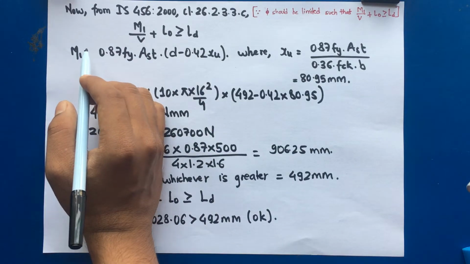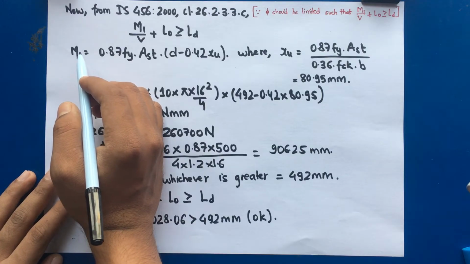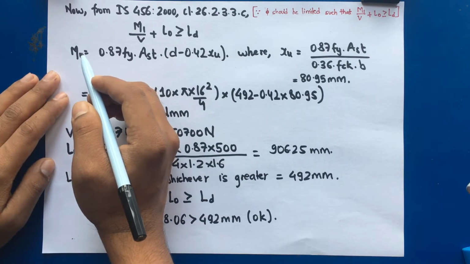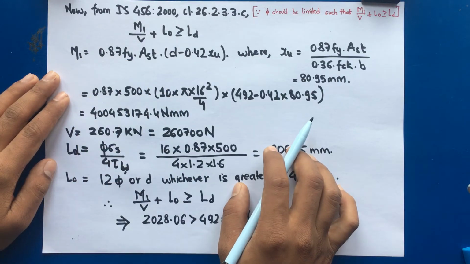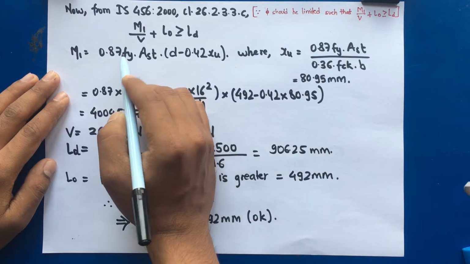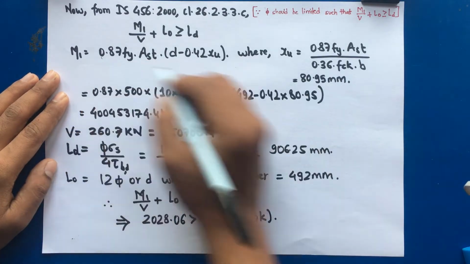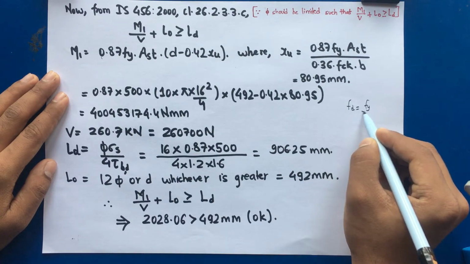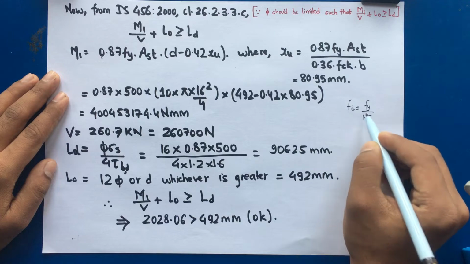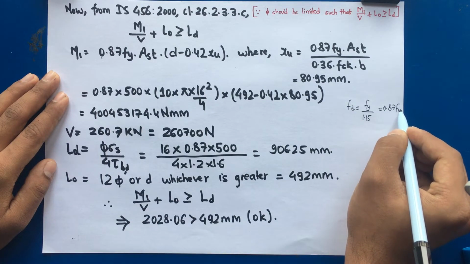M1 is the moment of resistance of the section, assuming all reinforcement in the section is stressed to FD, that is the design strength. FD is equal to Fy by 1.15, which if we divide gives 0.87 Fy.